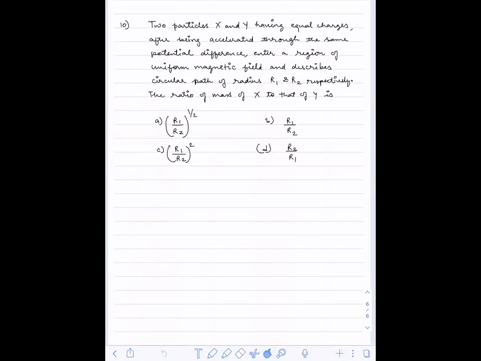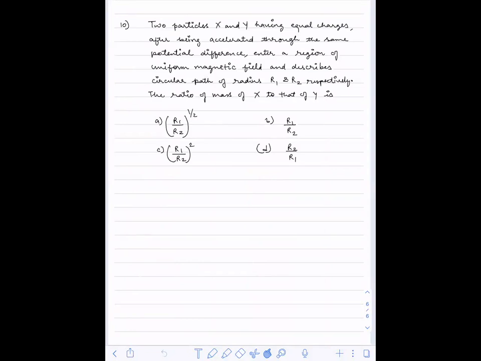These 10 questions tomorrow we'll discuss. Try it out, and I will ask you the answers. Then you tell, and then I will solve it. This is how we will do these sums. First we'll do these 10 sums, and then we'll start the new topic.